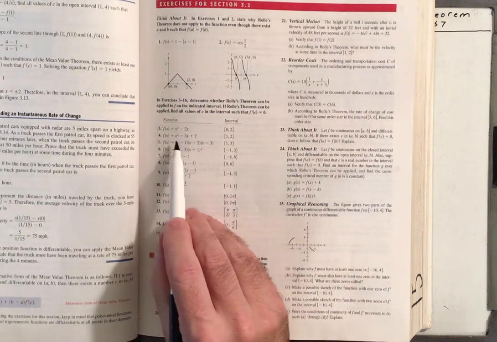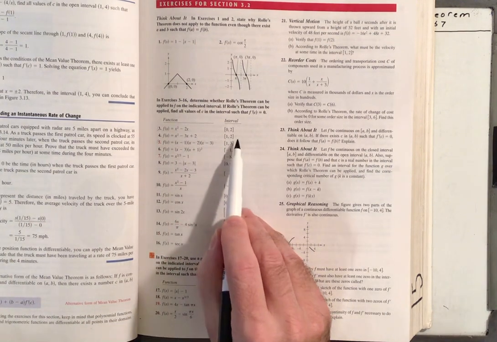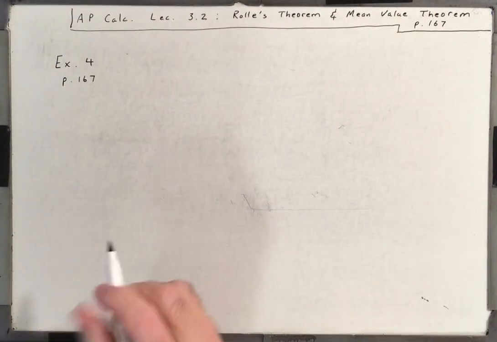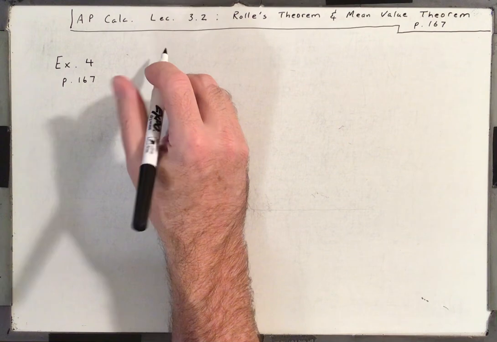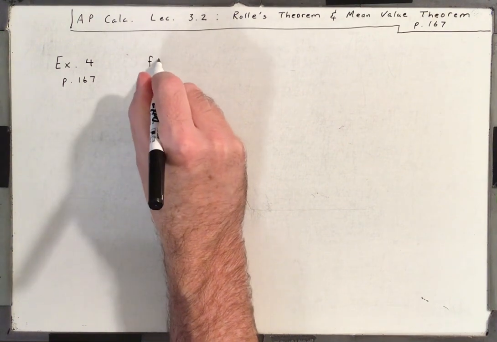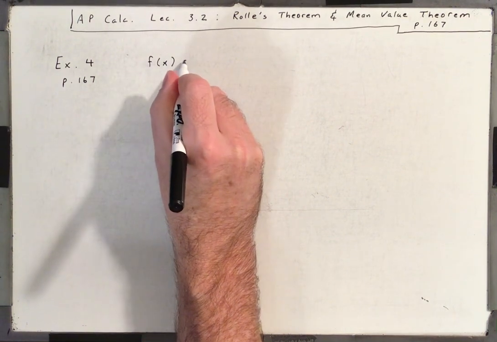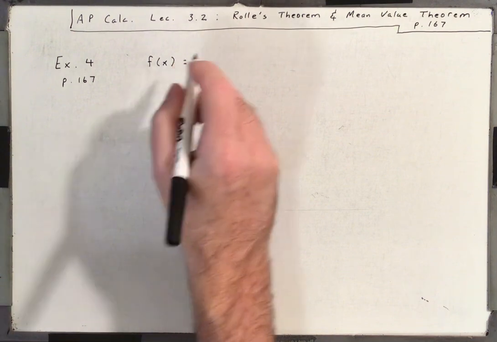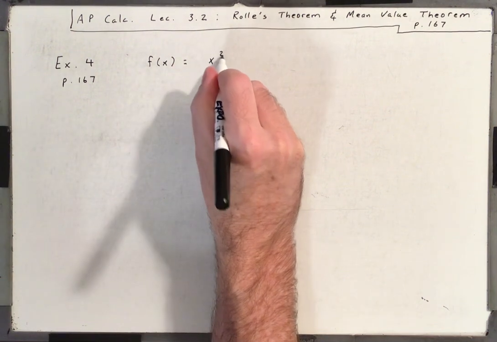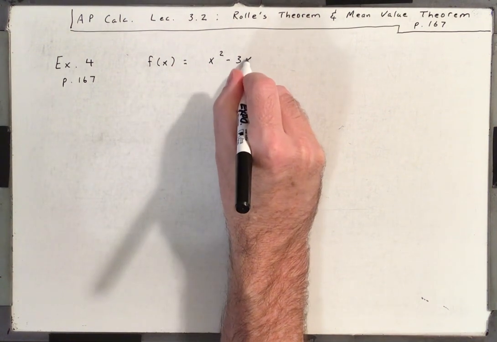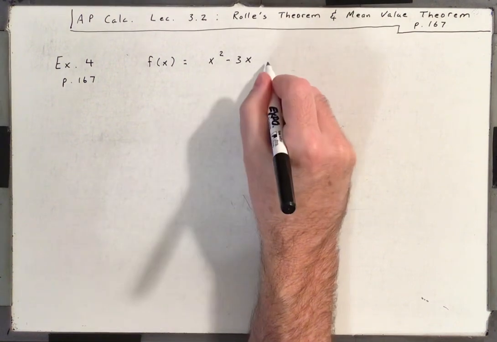Okay, and so they gave us the interval, the 2 endpoints, and the function on these. Right, so for 4, we have f of x is equal to x squared minus 3x plus 2.